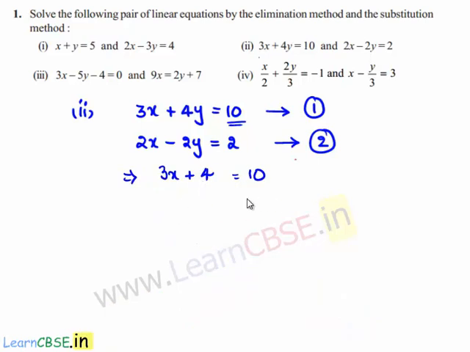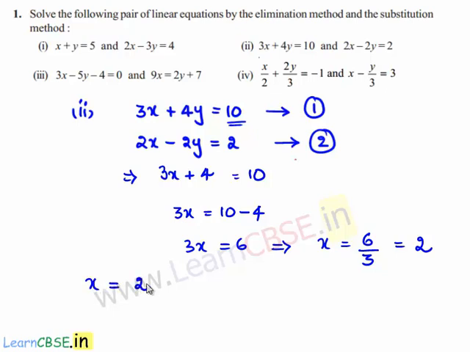So transposing 4 to the right hand side, we will be getting 3x is equal to 10 minus 4, that is 3x is equal to 6, which implies x is equal to 6 divided by 3, nothing but 2. Therefore the value of x is found to be 2 and the value of y is found to be 1. That is, the solution for the given set of linear equations is x is equal to 2 and y is equal to 1 by the substitution method.